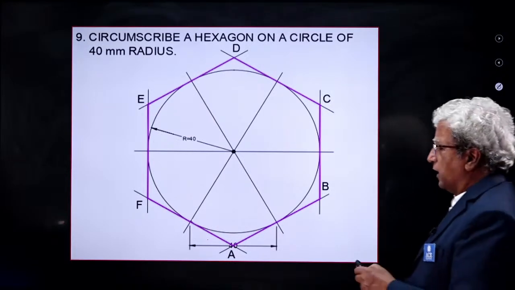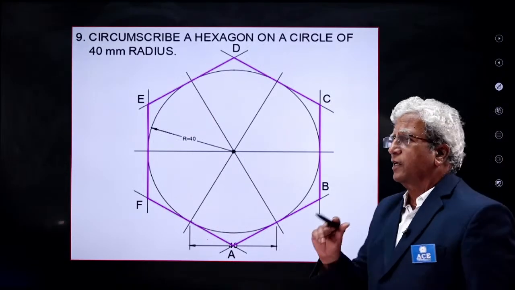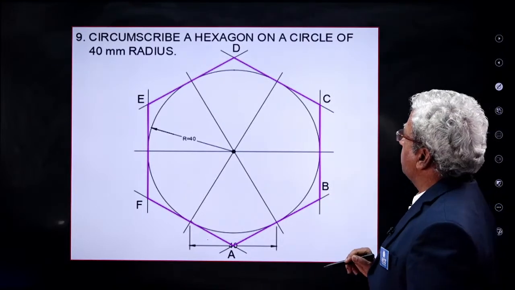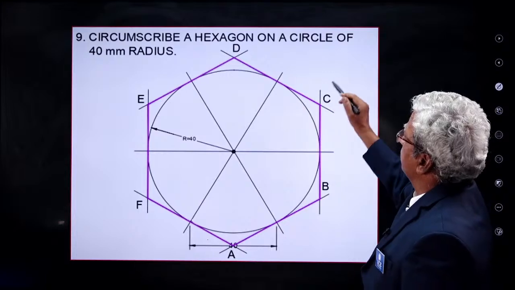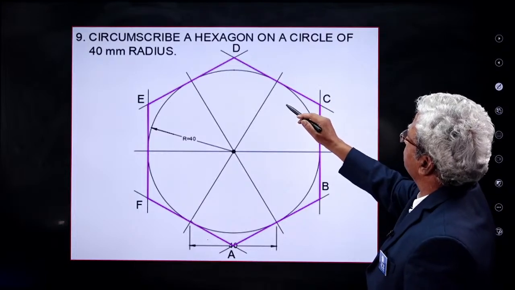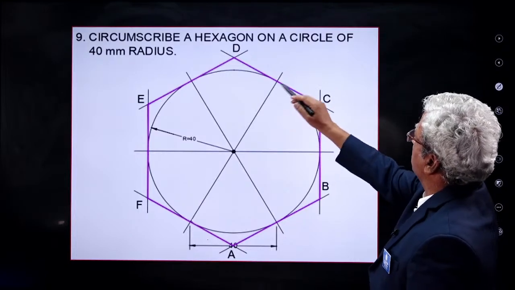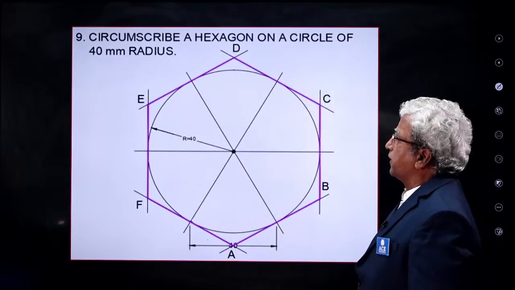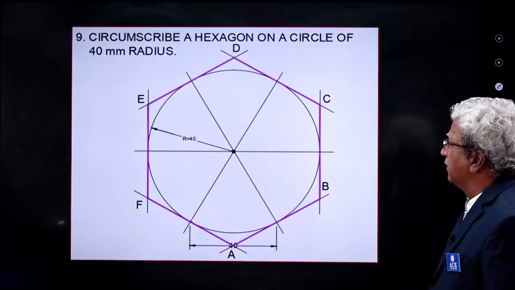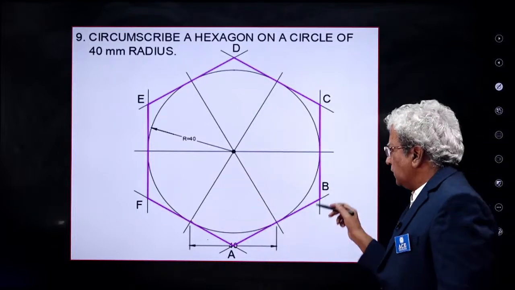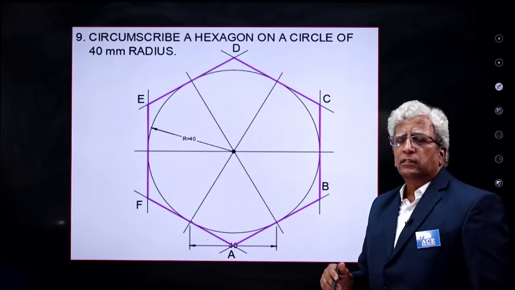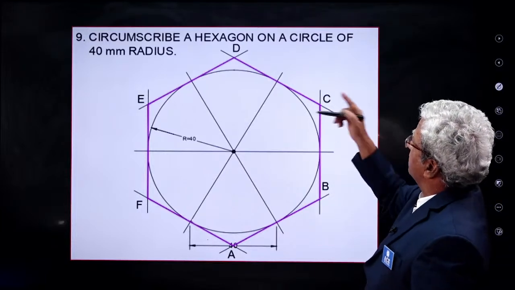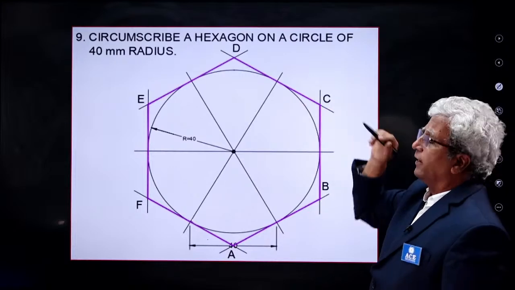Now, this is what I was telling you, what is the meaning of circumscribing and inscribing. They are very relative terms. Suppose, here what we did, we have circumscribed. Here the question is: circumscribe a hexagon on a circle of radius 40 mm. That is, how do you do that? You may have a question like that. What is asked? You have to circumscribe a hexagon on a circle of given radius.